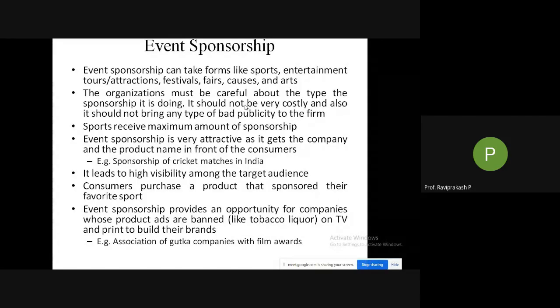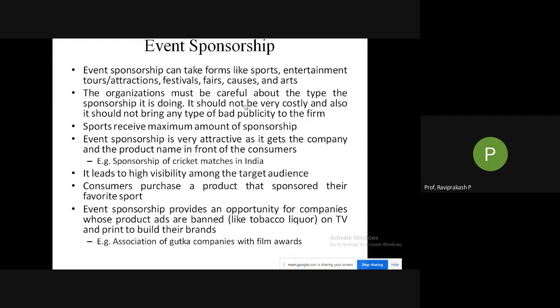Okay, so this is what event sponsorship is. Then it leads to high visibility. As you are looking keenly at what decision will be coming, just next to it you will have the image or a symbol of that particular sponsor. So till then, you are looking at that particular image only, till the decision comes out.